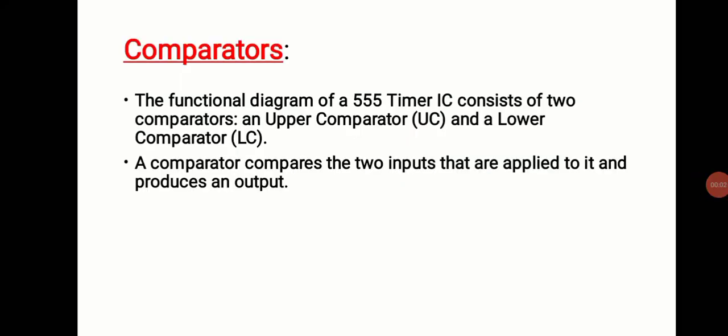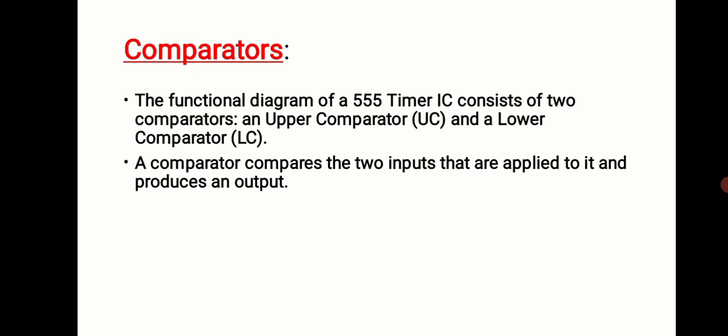The functional diagram consists of two comparators, an upper comparator and a lower comparator. We call them UC and LC.